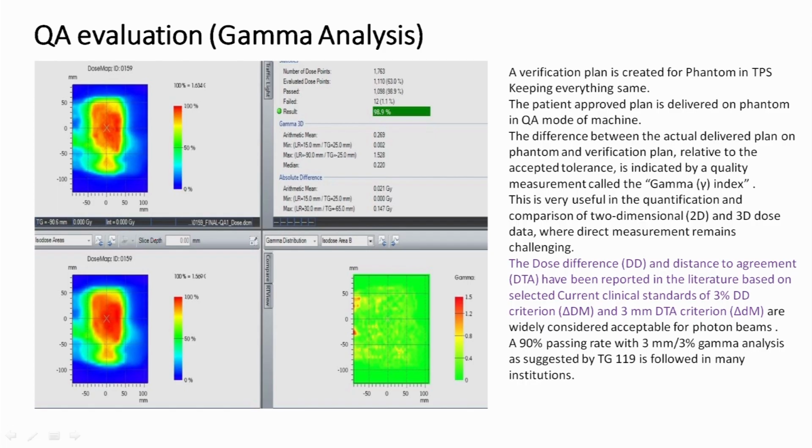Once the plan is exported into the control console, it will be scheduled for treatment, and there is an option called QA mode. So that plan will be delivered in QA mode.